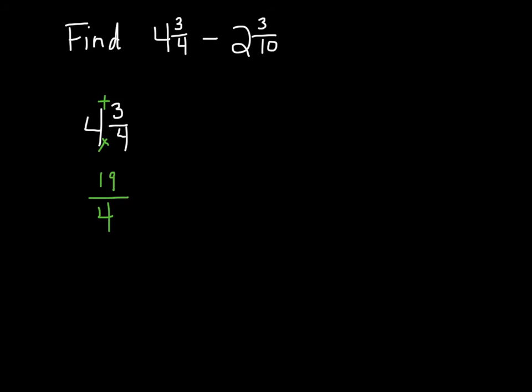And over here, for 2 and 3 tenths, again you would multiply your denominator by your whole number, so 10 times 2 is 20, and then add your numerator, which is 3, giving 23. So this, as an improper fraction, would be 23 tenths. They call it an improper fraction because your numerator is bigger than your denominator, and that doesn't normally happen in fractions. And then we go through and think about how to put those into common denominators.